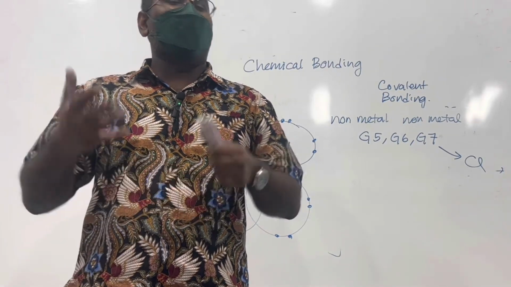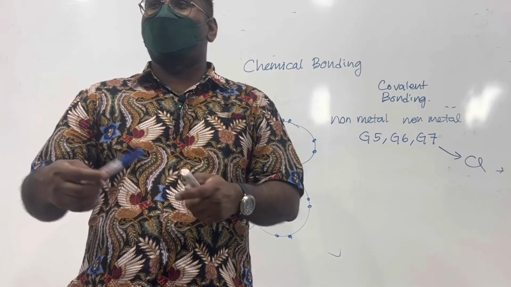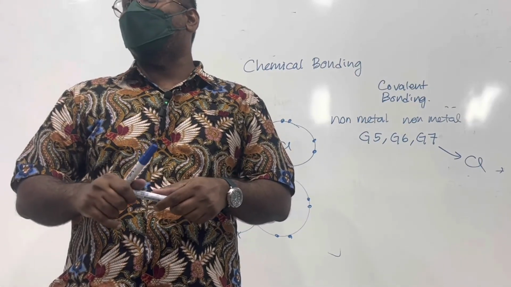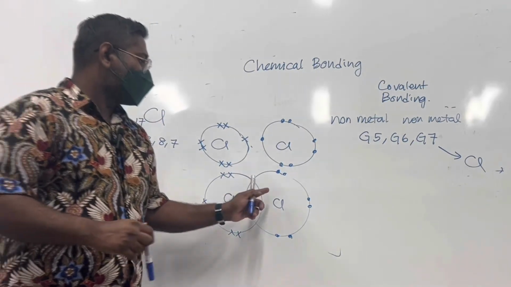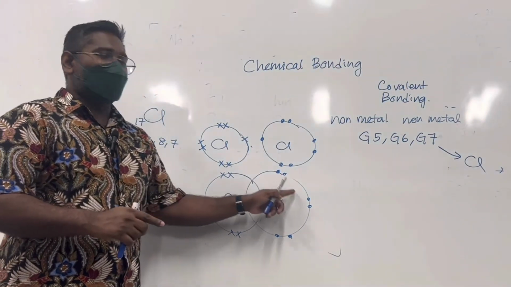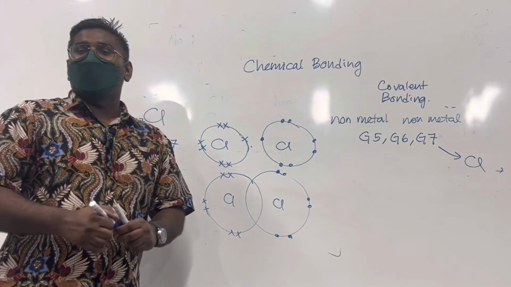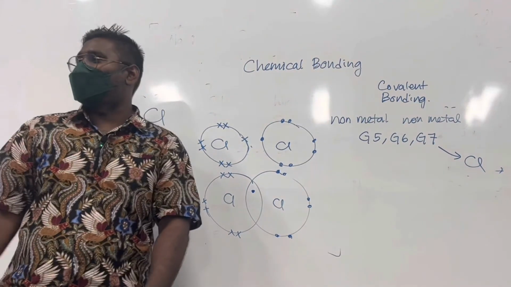If I need one pen, I must be on standby with one pen to be shared immediately with my partner, whenever my partner requires it. I know that Cl has 7 valence electrons, but I must be ready to share anytime.